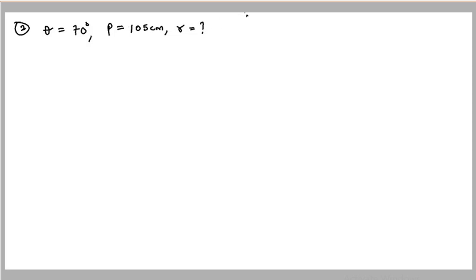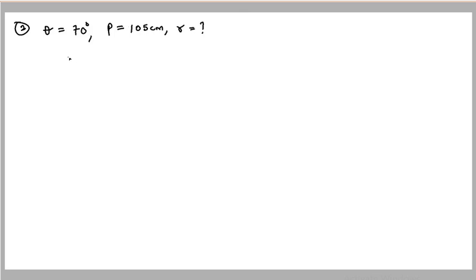So check this question. There is a key sentence there. Perimeter of a sector. That is a keyword there. So you've heard it, meaning that you apply the same formula for perimeter of a sector. So we'll start by stating the formula.